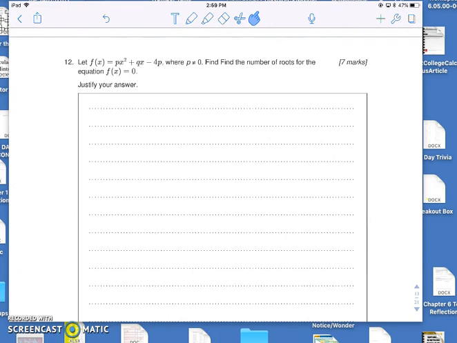Find the number of roots for the equation. So if you guys remember, what tells us the number of roots is the discriminant. And if we were to plug that in, that would be q squared minus 4 times p times negative 4p.